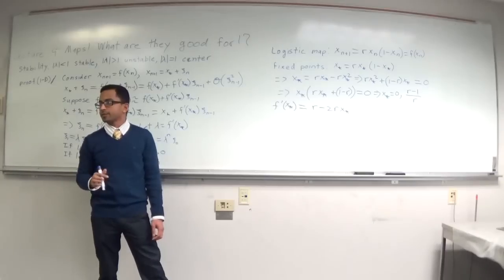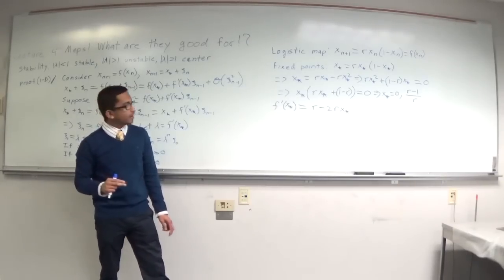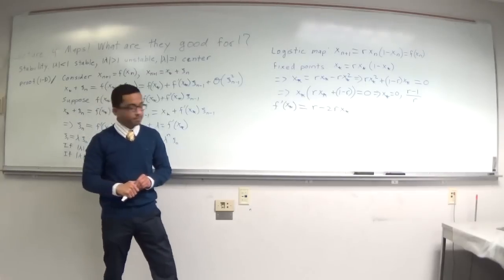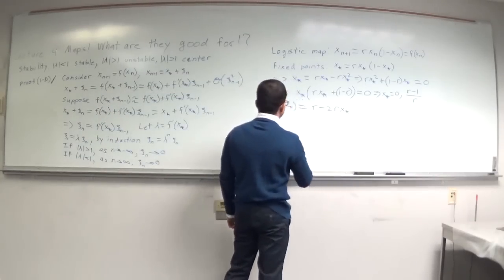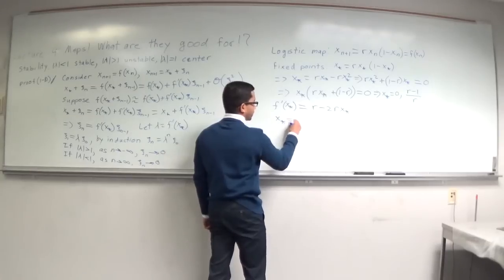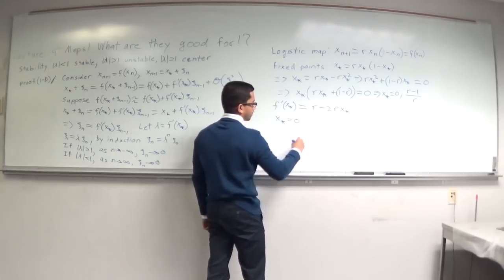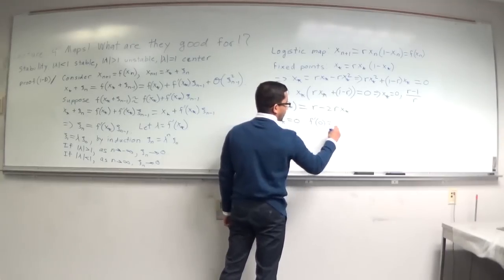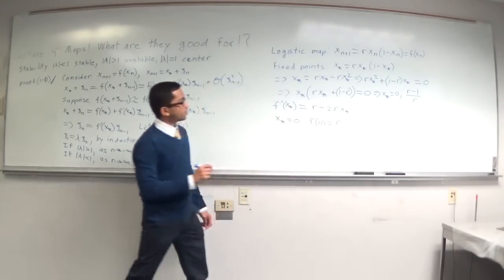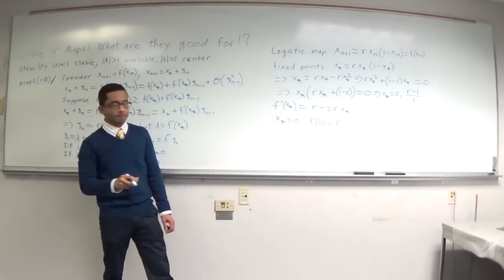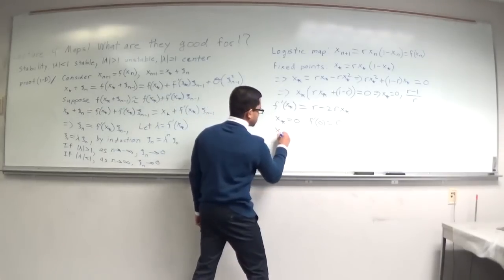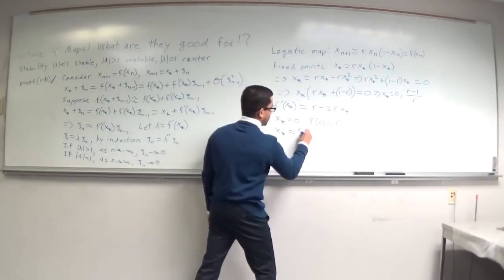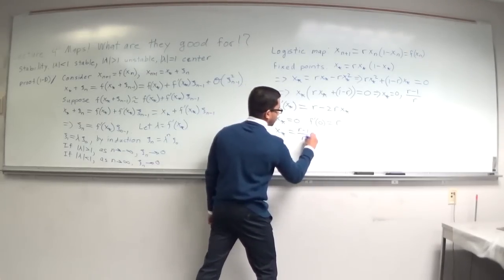Yes, that looks correct. Now we plug in the fixed points. Let's take x star equals 0. f prime of 0 equals r. Then x star equals (r minus 1) over r.